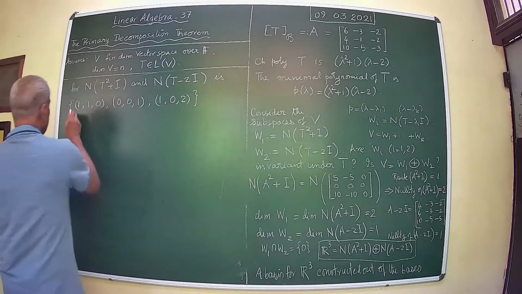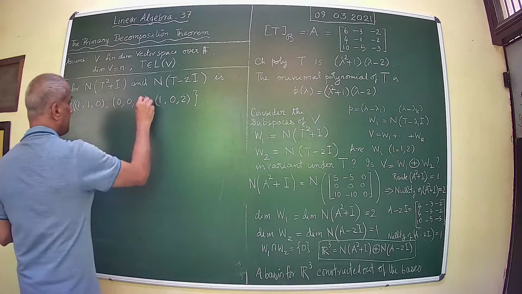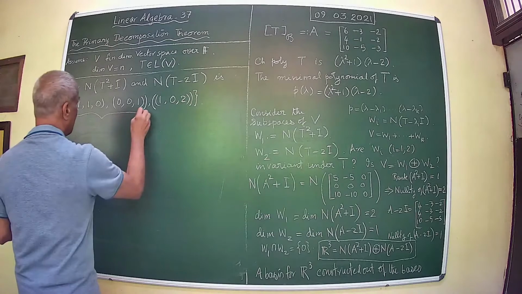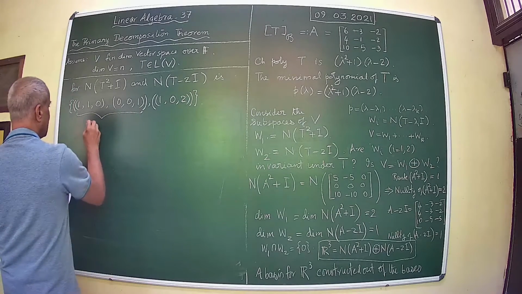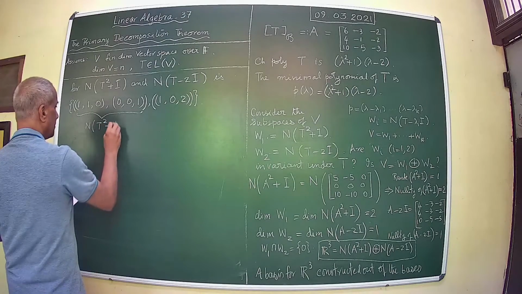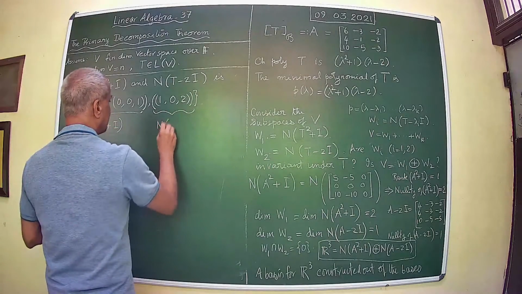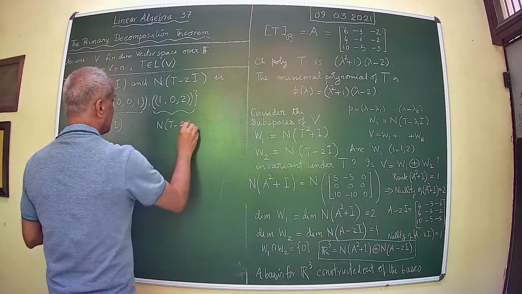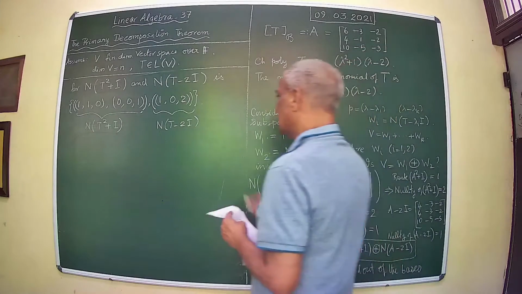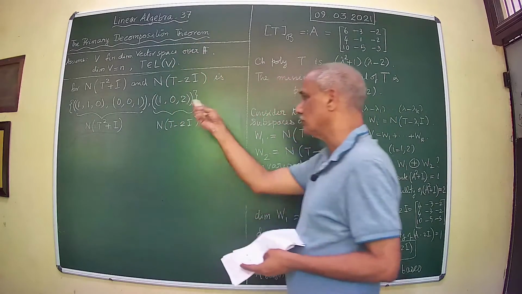So these two things together, this is for null space and this is for... you can see that this is an eigenvector. That is, this is an eigenvector belonging to the eigenvalue. So this forms a basis.